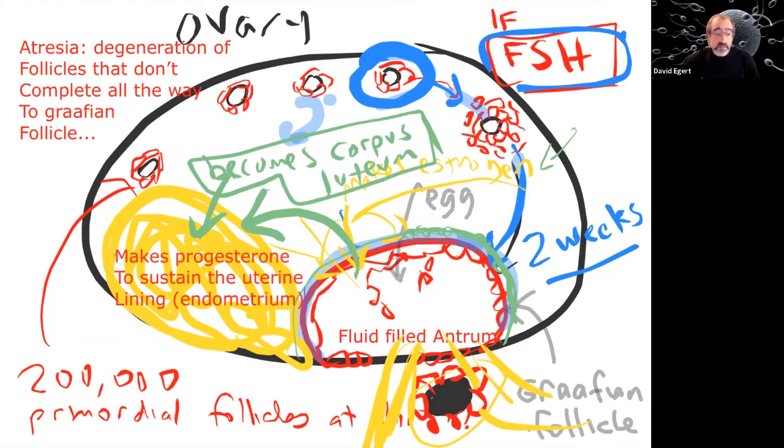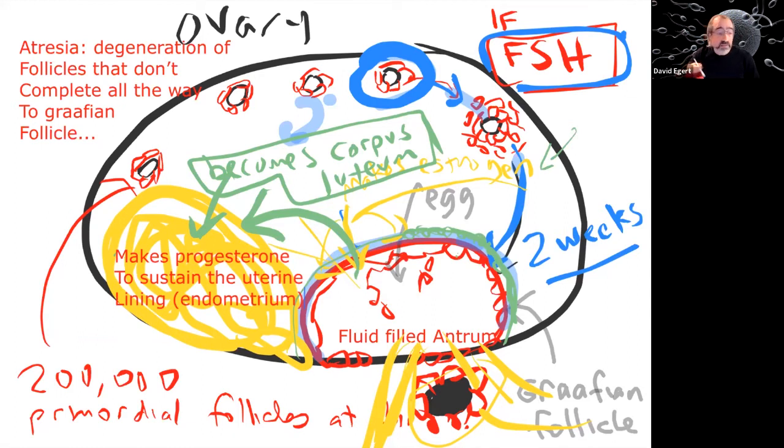So if there is a pregnancy, we're going to see there's going to be another signal that keeps the corpus luteum going, keeps the progesterone up. That's why a woman's going to miss her period if she's pregnant, because the progesterone stays high, which means there is never a hiccup and the uterine lining just stays intact, and there's no menstrual flow, no menses.